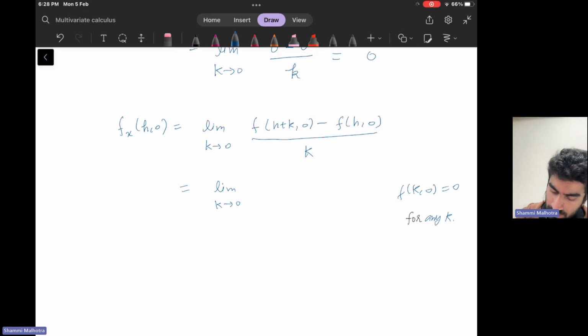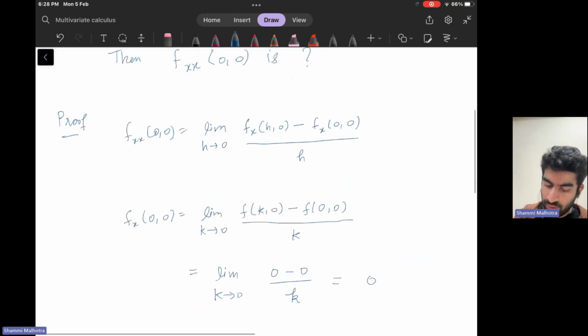So this will imply this will be just again 0 minus 0 whole divided by k, which again turns out to be 0. So we calculated the partial derivative with respect to x at the point (h, 0), and it turns out that this is again 0.